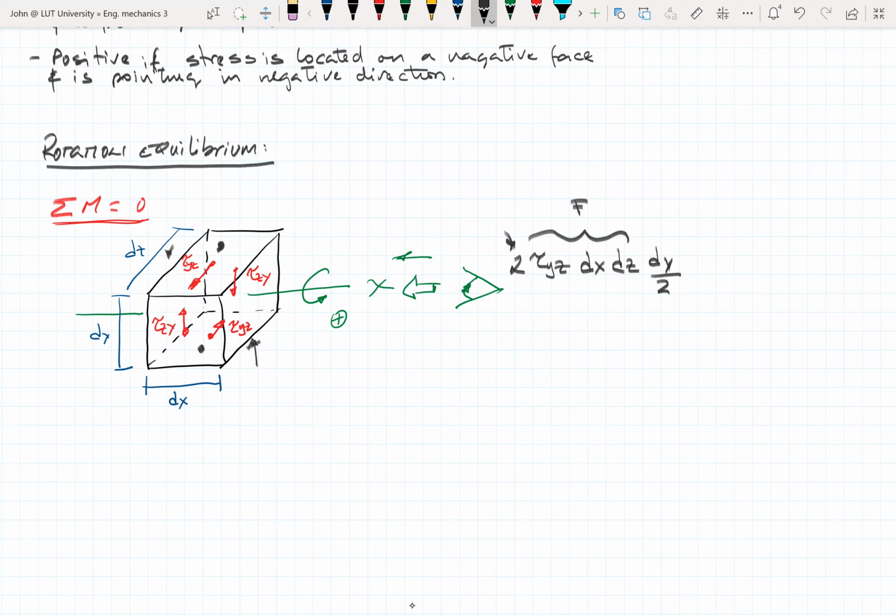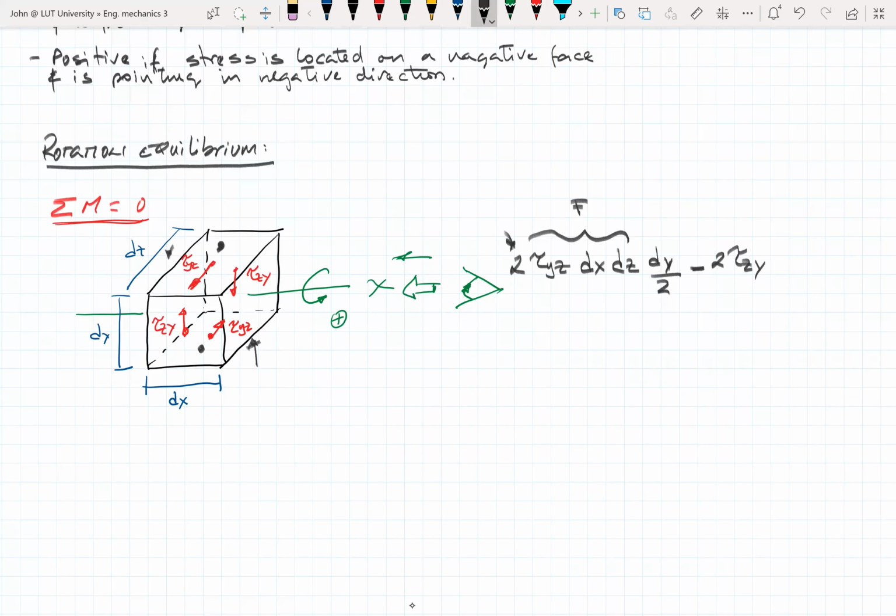Similarly, I can do the same with the tau zy. I understand that it's going to rotate this cube clockwise, and that's going to be a negative moment. So I would have to subtract here twice, or 2 times, shear stress zy.